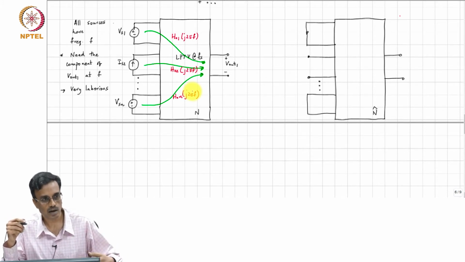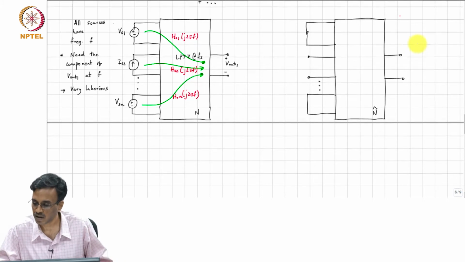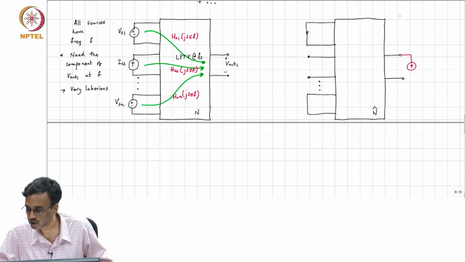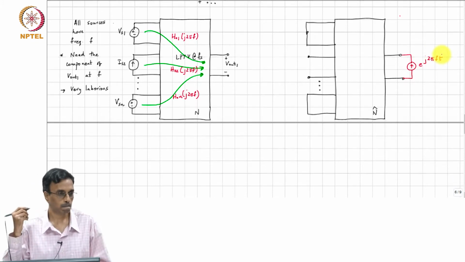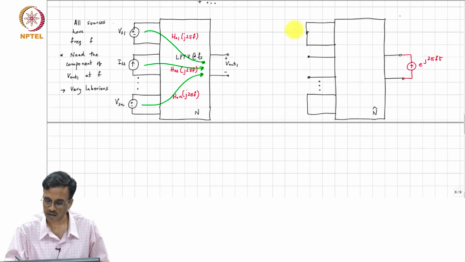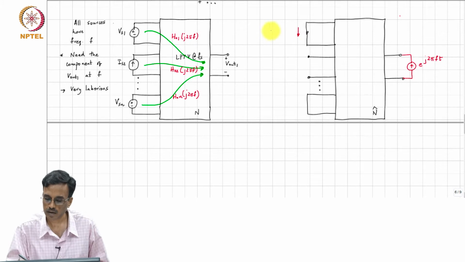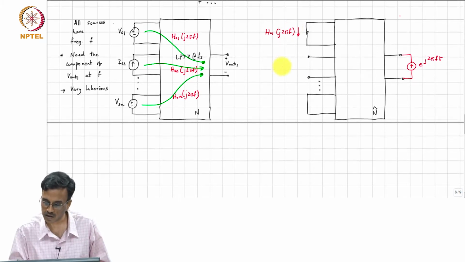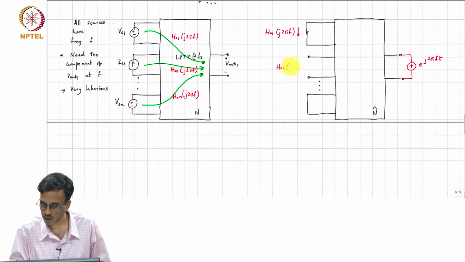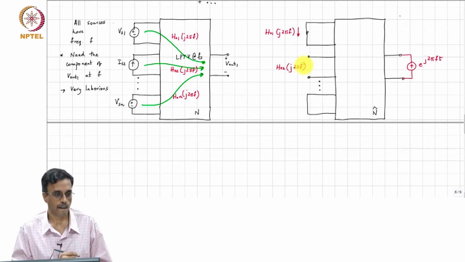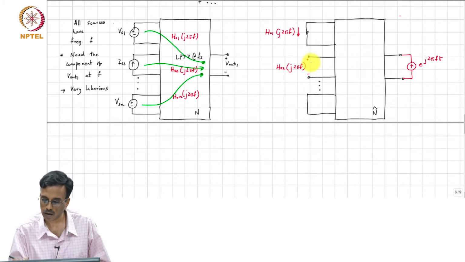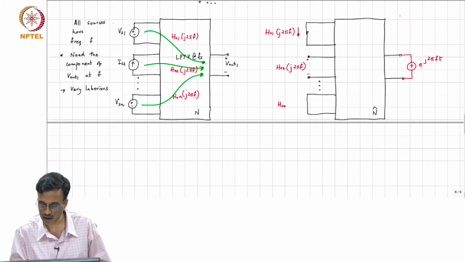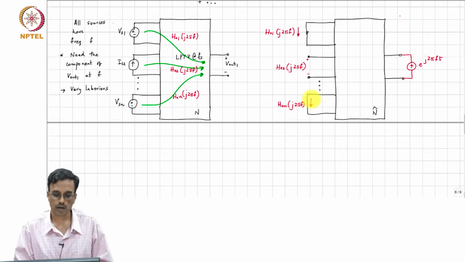We apply a current source at the output at f, so e to the j 2 pi f t, all right, and this current is going to be H01 of j 2 pi f, this voltage is going to be H02 of j 2 pi f, and this is going to be H0n of j 2 pi f, right.